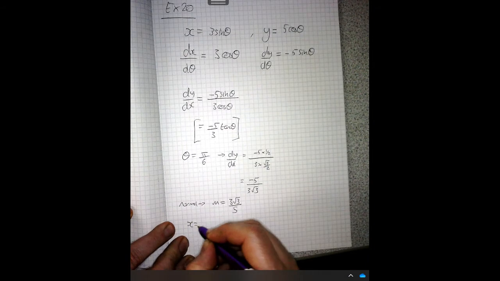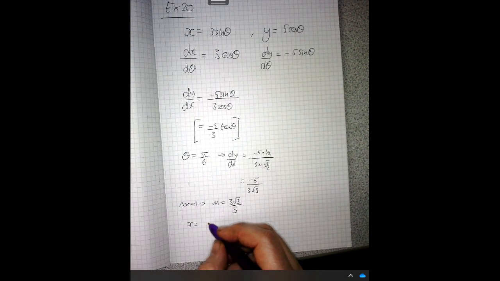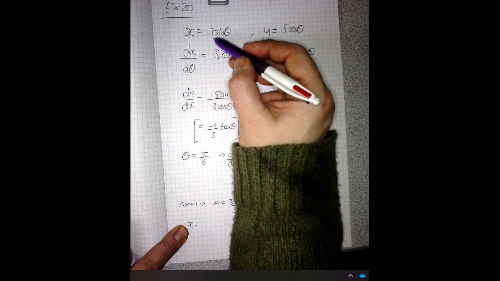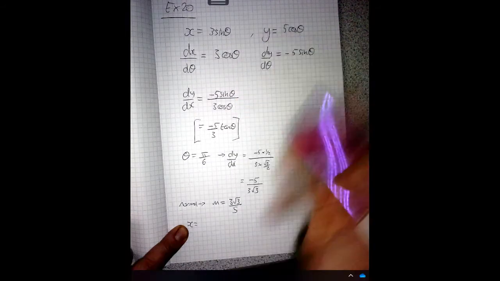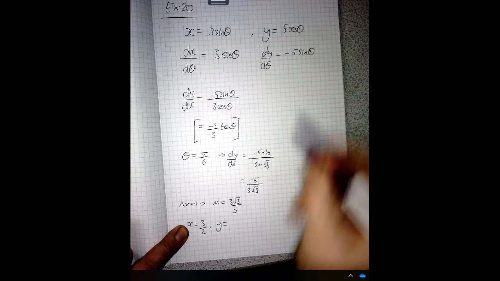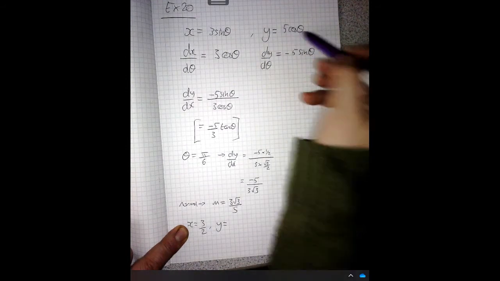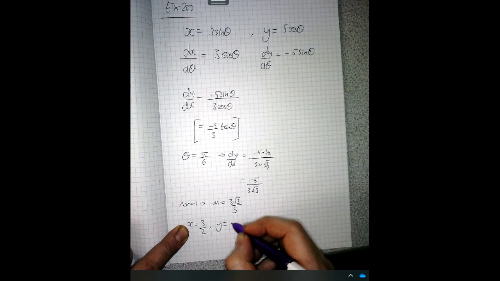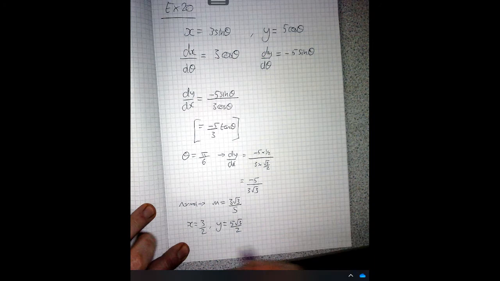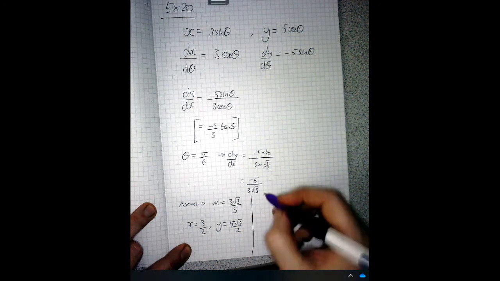Now I need to know what x is. X is 3 lots of sine pi by 6, that's 30 degrees, so 3 over 2. Y is 5 lots of cos pi by 6, 5 times root 3 over 2. So let's fit it on here.